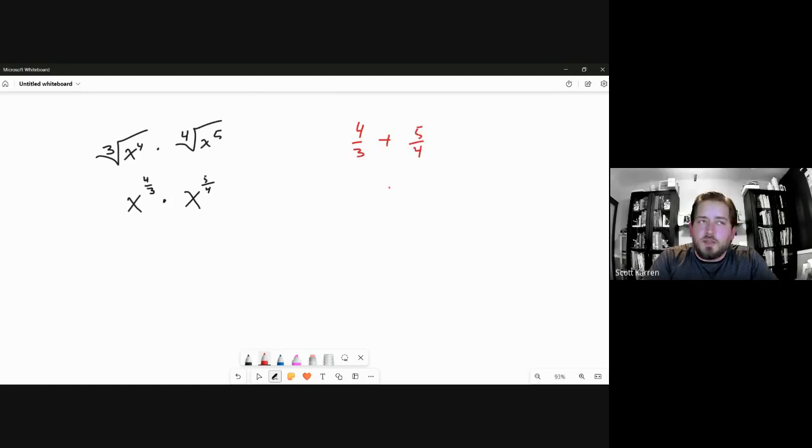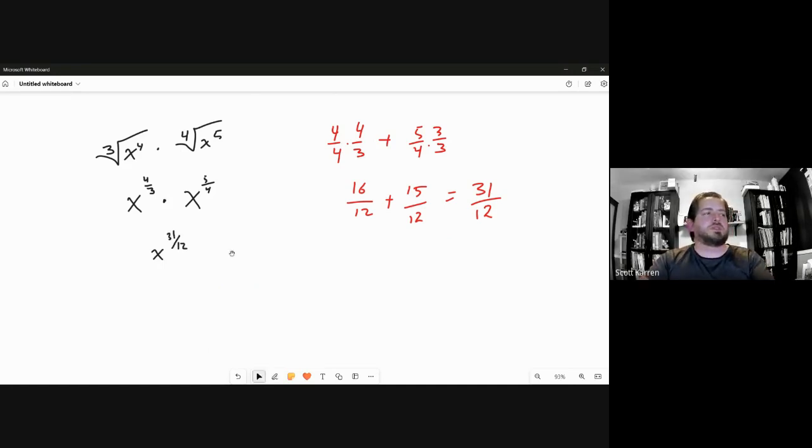I need a denominator of 12, so I'll multiply 3/3 to the right, 4/4 to the left, putting me at 16/12 plus 15/12, or 31/12. And so I can write this as x to the 31/12. I have two options really with this.